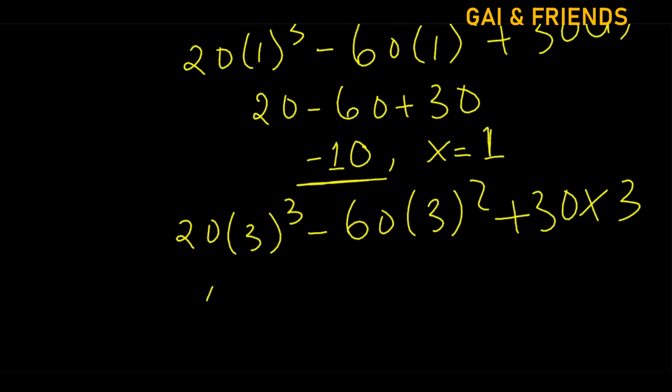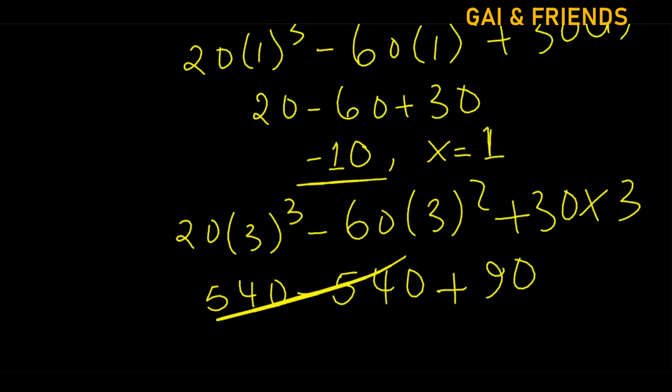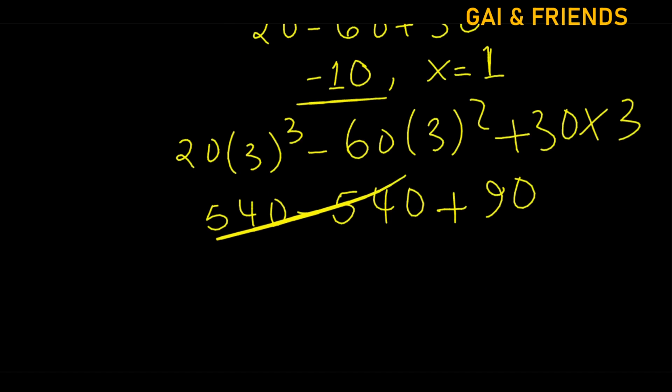It's going to be 540 minus 60 times 3 raised to the power 2. 3 raised to the power 2 is 9, times 60 is also 540. Plus 3 times 30 is 90. The 540s cancel, so we get 90 here.